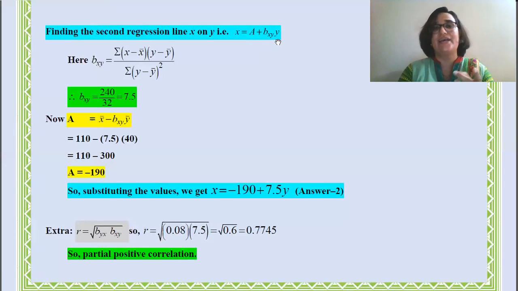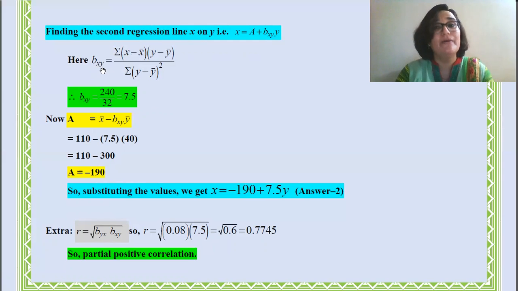How do we find bxy? Whatever is the coefficient of y, your independent variable, that is your bxy in this context. All right? So the same formula, but look at what you are finding. Now we are finding bxy and y is your independent variable.